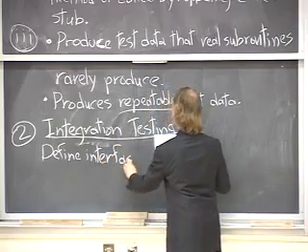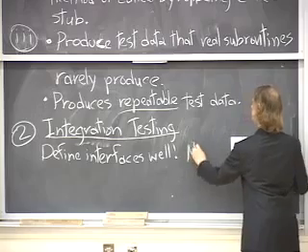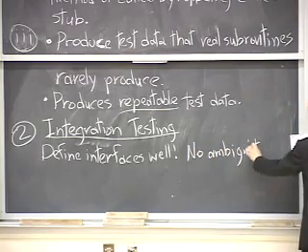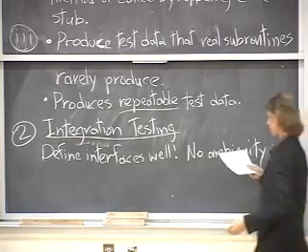So the most important task in avoiding these kinds of bugs is to define your interfaces as well and unambiguously as possible. There should be absolutely no ambiguity in the descriptions of the behaviors of your methods.